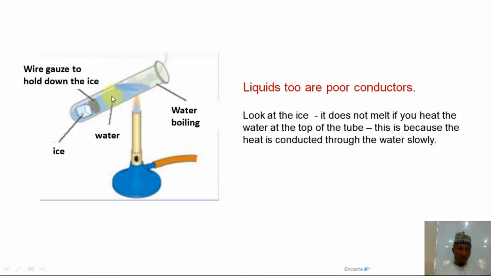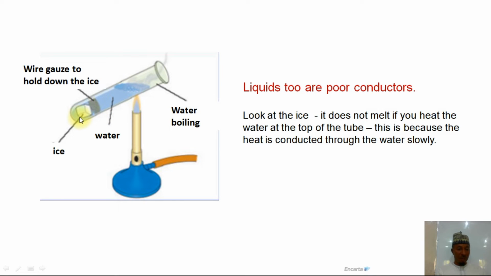This is the arrangement here: a test tube with some water inside, a block of ice, and a wire gauze to hold the block. When one end is heated like what we have here, the temperature of this point here gets to 100 degrees, the boiling point.